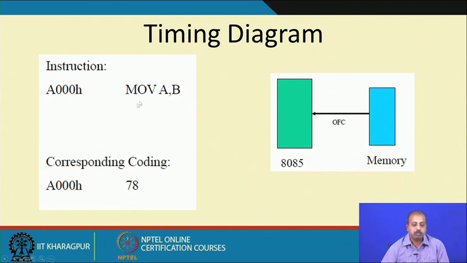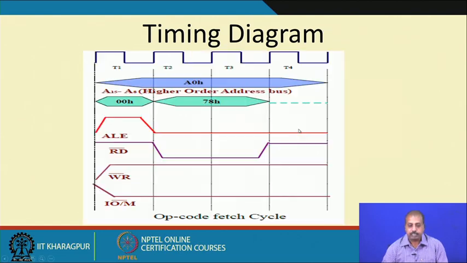The code of MOV A comma B is 78 hex. This operation of bringing the value 78 into the instruction register is known as the opcode fetch cycle, or OFC. So, in this cycle the opcode 78 will be brought from the memory to the processor, the instruction register. So, this is the timing diagram.